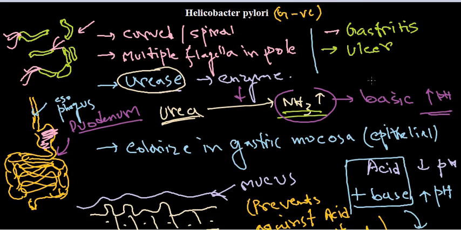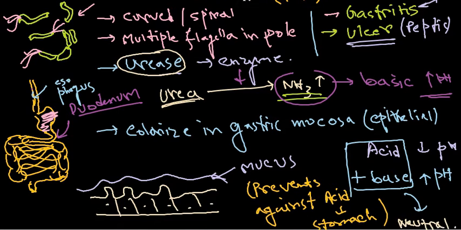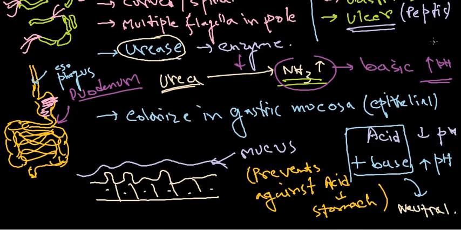Ulcer means damage of your epithelial lining. Peptic ulcer. Usually this ulcer is also called peptic ulcer. If this kind of infection becomes chronic, it can cause ulcer. Otherwise, different forms of gastritis are caused by Helicobacter pylori.